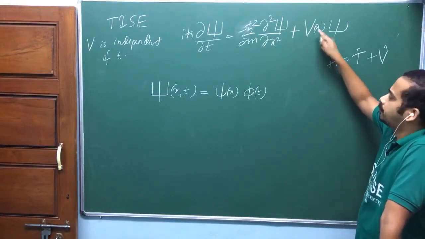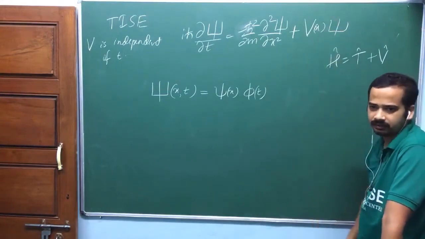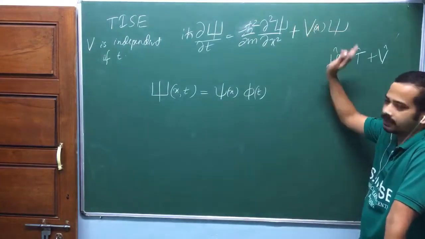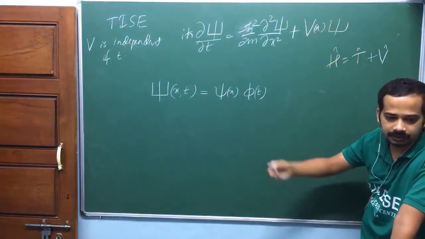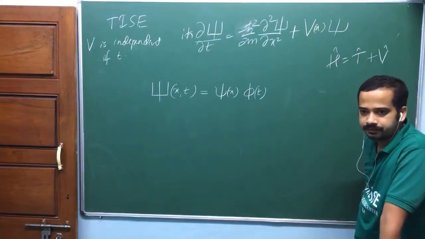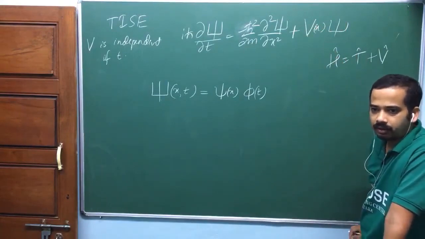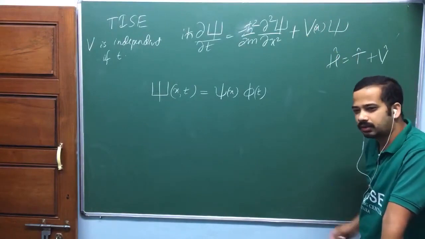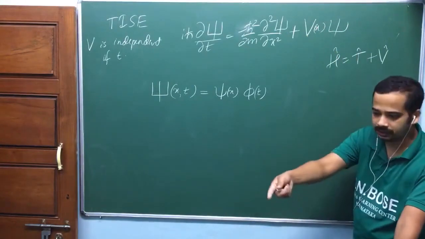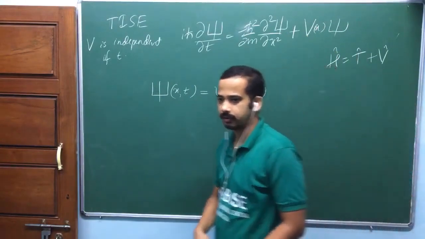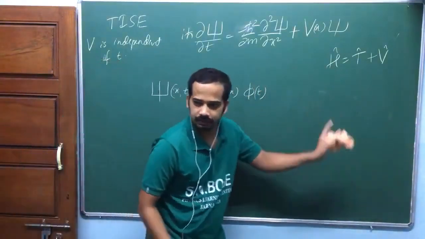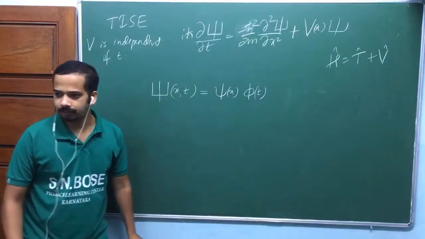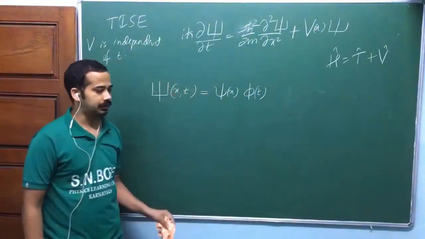But x should be replaced by x cap. But x cap is x itself. That's why we write V of x. We don't write V cap actually here, isn't it? Because x cap is x itself. How will potential be complex? No, I mean, there are some situations, there are some modeling he gave. Yesterday, I just saw that problem outside the first chapter. Just look into that. But in the case that we are applying, we don't take any complex potential. Okay, time independent potential.